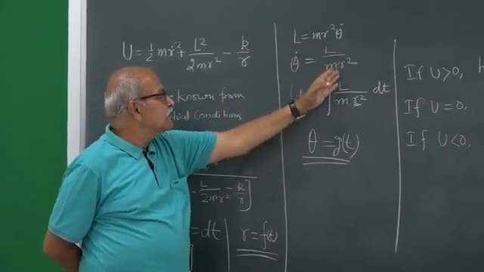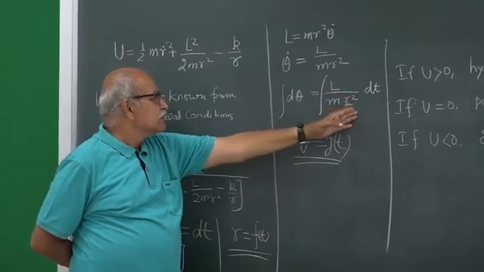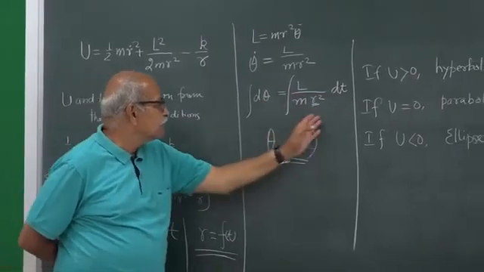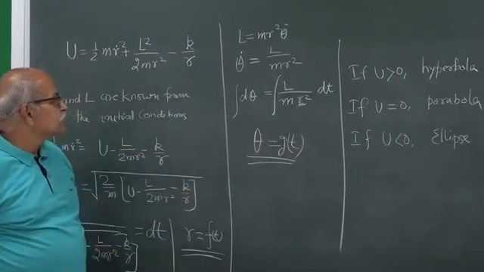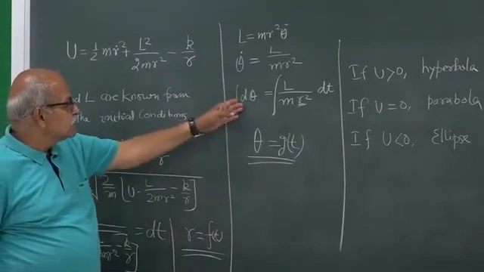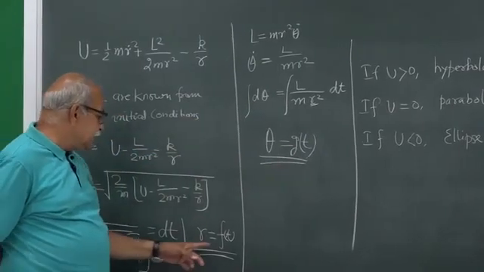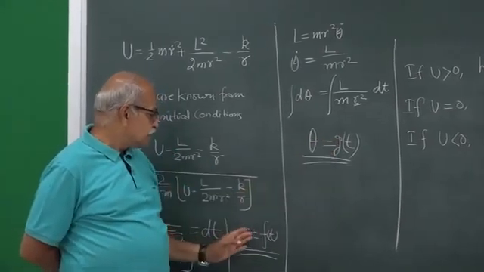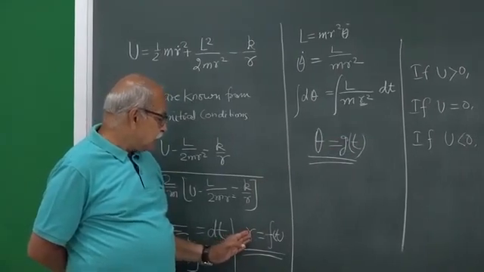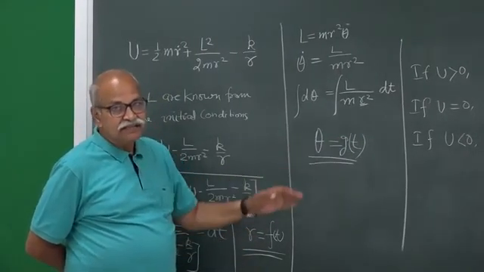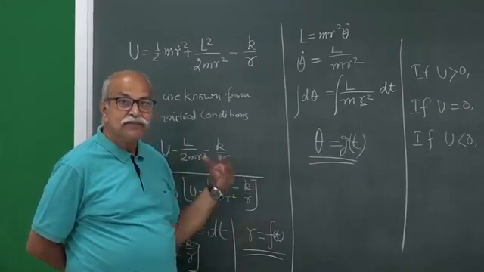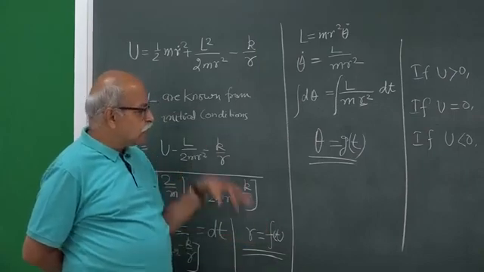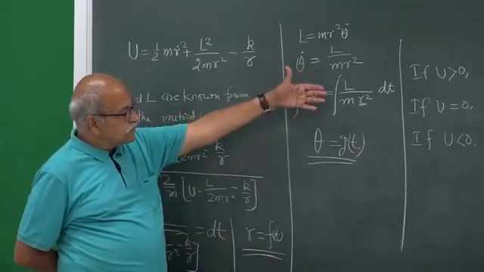Now, this whole thing is a function of time, and therefore, r is a function of time, and therefore, you can integrate this out and write theta as a function of time, and then you can eliminate time from this equation and this equation. That gives you the relation between r and theta, and that is the equation of the path in plane polar coordinates.